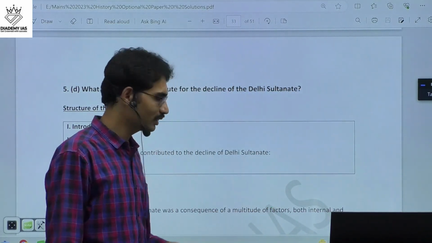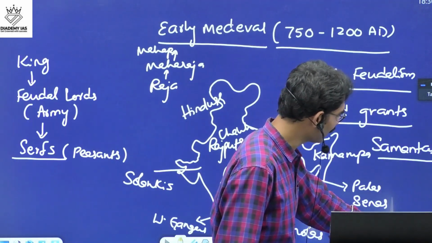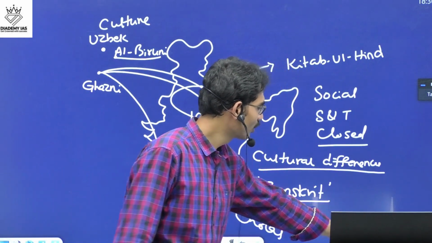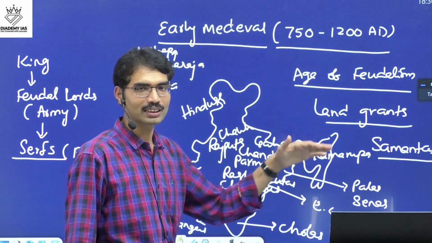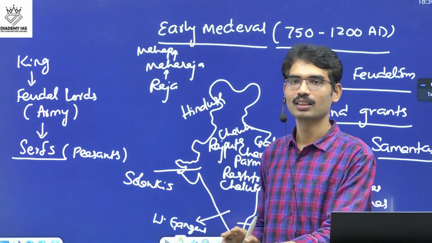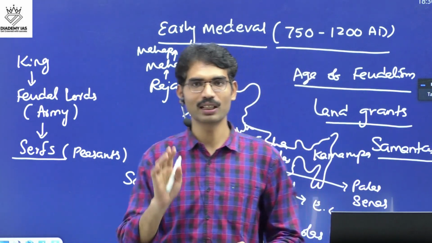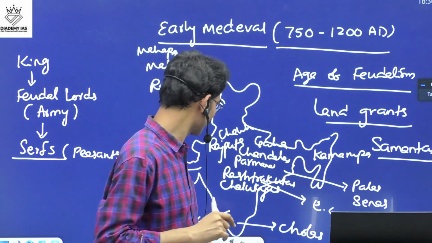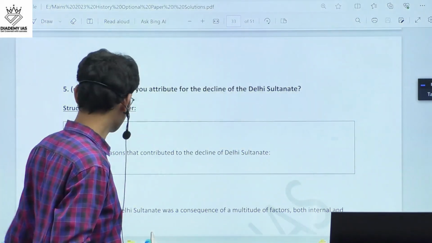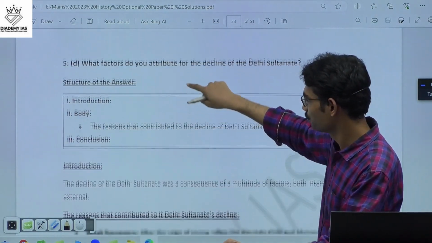And these causes are almost similar whenever you study any empire, whether it is the Mauryan Empire, the Gupta Empire, the Delhi Sultanate, or the Mughal Empire. More or less the causes are going to be similar for the decline. And here also, I will just read the subheadings and you will automatically come to know.